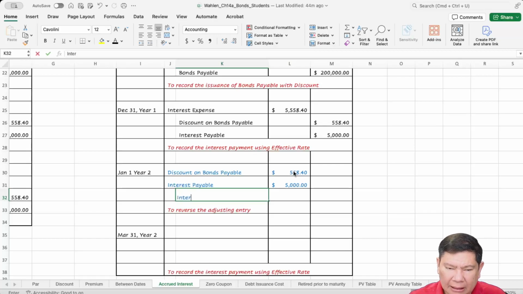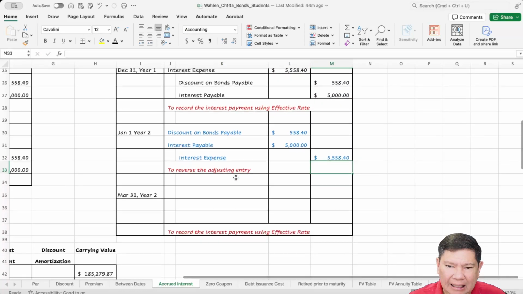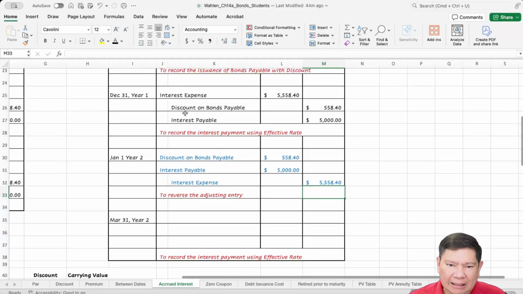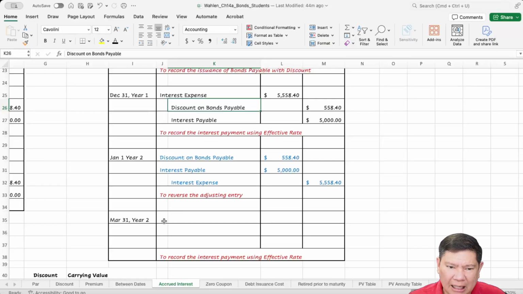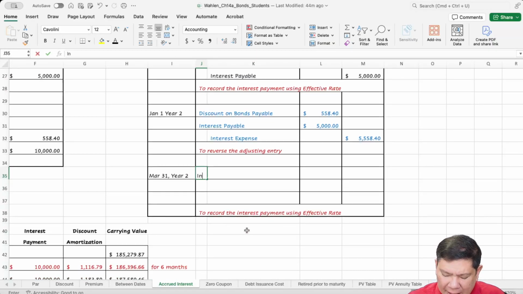And then interest expense. Okay. What this adjusting entry does is it cancels the payable, it cancels the amortization of discount. So on March 31st, we can prepare a regular journal entry.